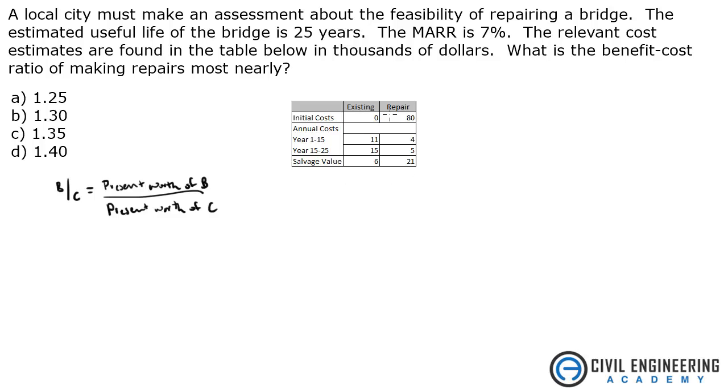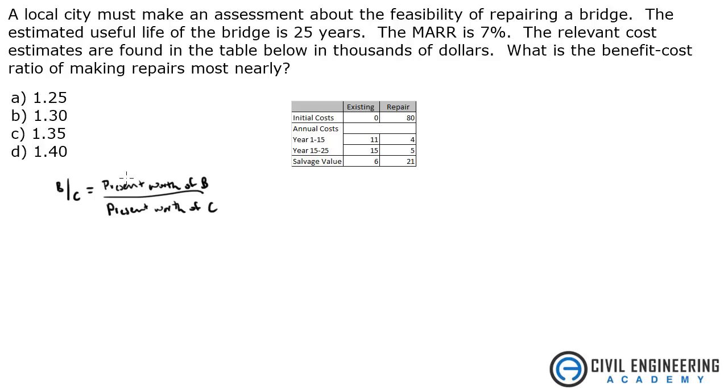So we're given this table and we're given the bridge as it is existing and how much it's going to cost to repair and the salvage value after 25 years. And if we repair it, how much the initial cost is and how much the maintenance costs are and how much salvage is after 25 years. So we need to figure this out.